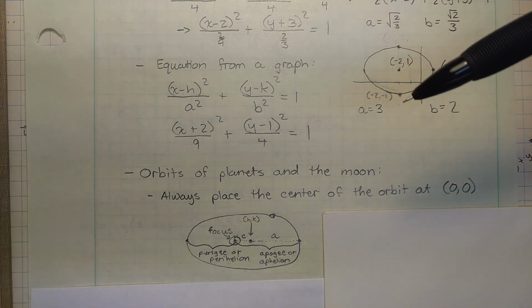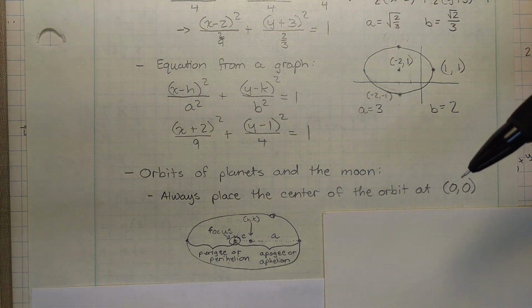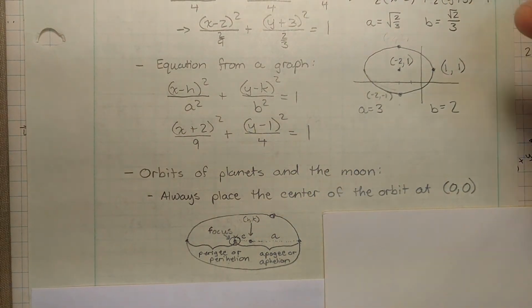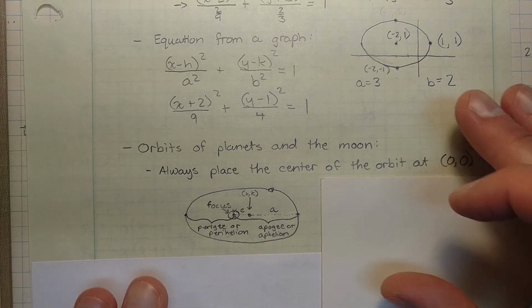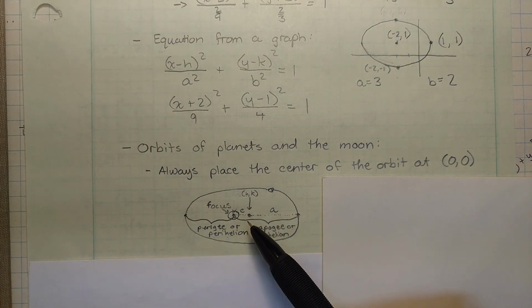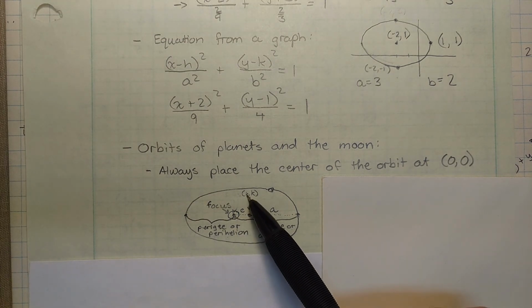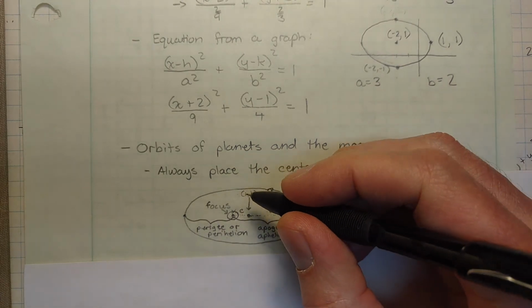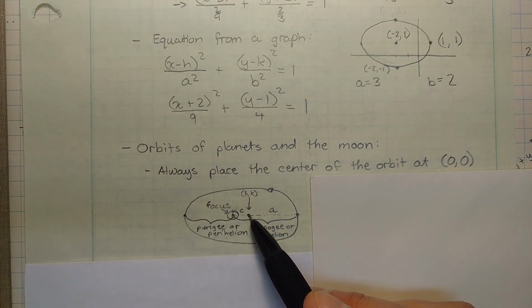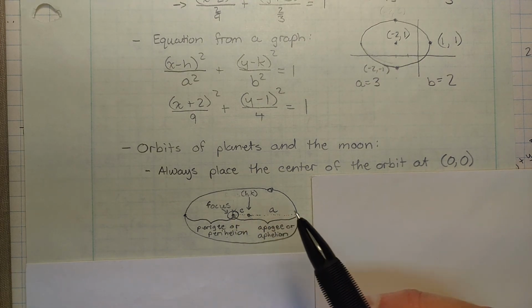Now, I would listen to my description and then probably pause the video to sketch down what you see here. Notice the situation that's going on here. What we see is that the orbited body I've drawn here is at the focus. The distance between the center, which is known as h, k here, which should be 0, 0 in most of our cases, that's c, the distance between the center and the focus.